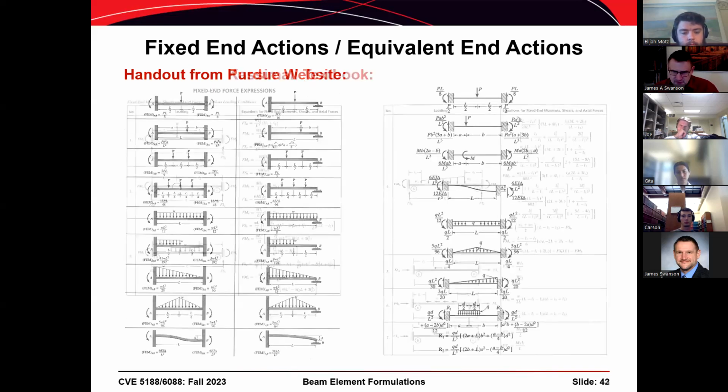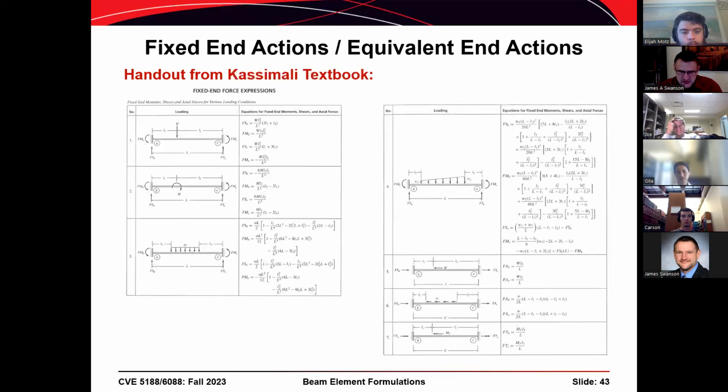The third resource that you have available to you is, I think, inside the back cover of the Kassimali structural analysis textbook. Here we have cases that are somewhat redundant with the Purdue handout, but there are a couple of cases in here that are different. For example, case number 2 has a bending moment applied mid-length to the member.